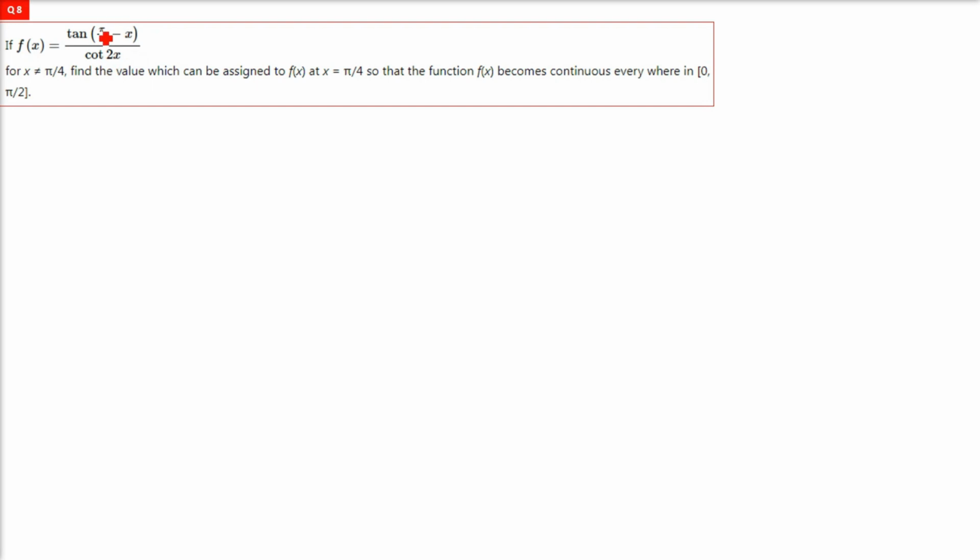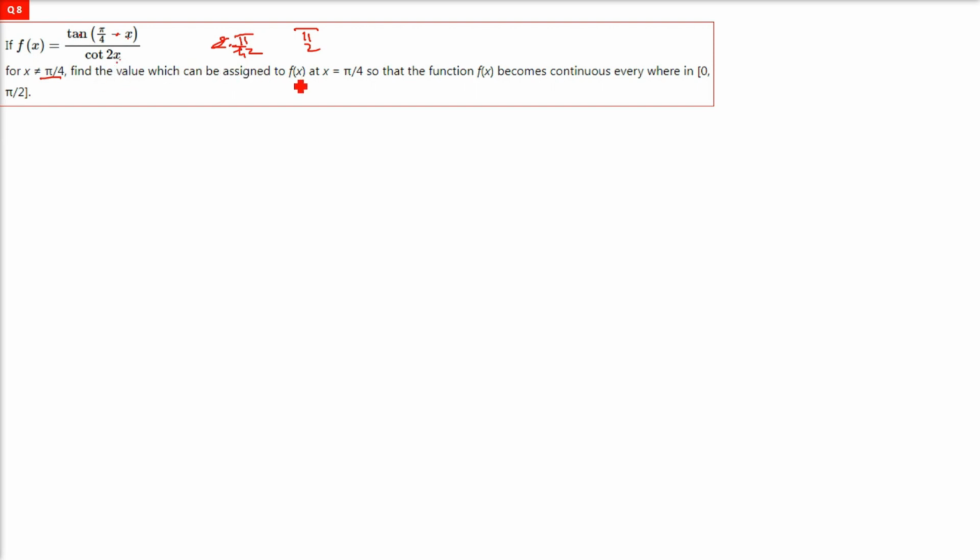If f(x) is tan(pi by 4 minus x) cot 2x, for x not equal to pi by 4, it's being very clear that x cannot take the value pi by 4, because tan of (pi by 4 minus pi by 4) is tan 0. Okay, and cot 2x is cot of 2 into pi by 4, which is cot pi by 2, which is 1 by tan pi by 2.